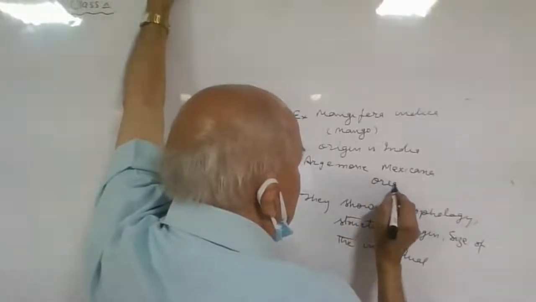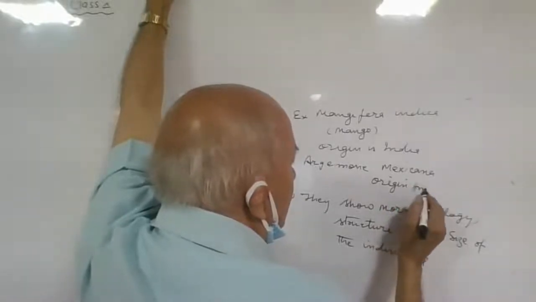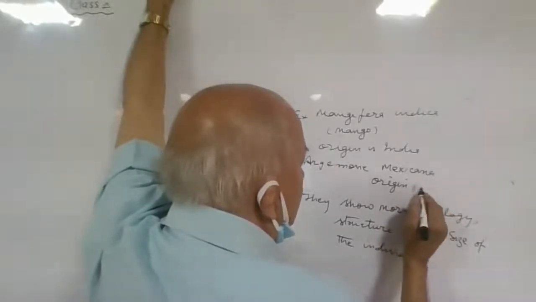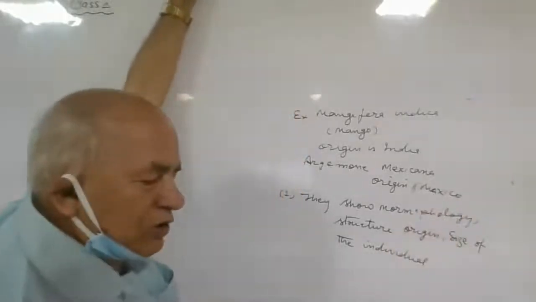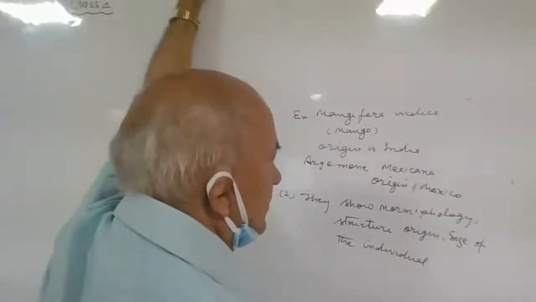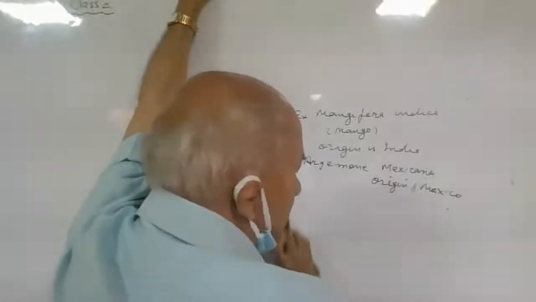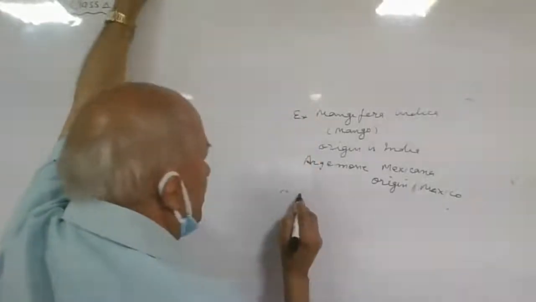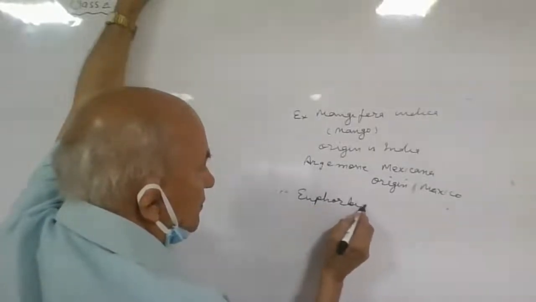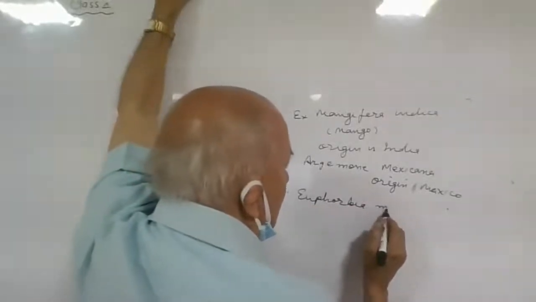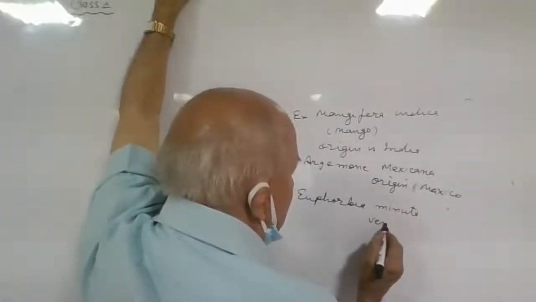Origin Mexico. And there are so many. Euphorbia minuta, very small size.